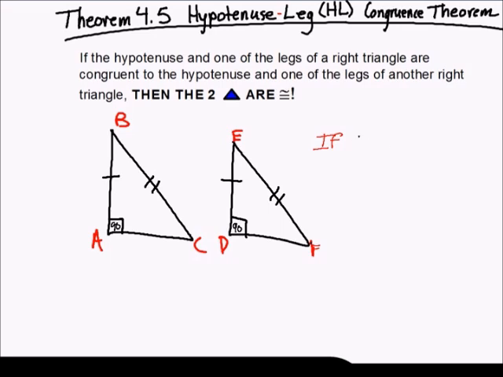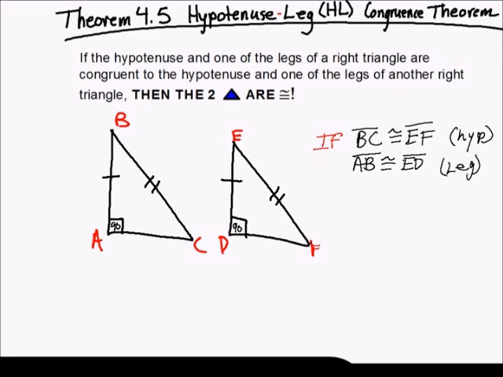Well, let's go with the hypotenuse first. So if side BC is congruent to side EF, so hypotenuse to hypotenuse, let's say these are the hypotenuse, and AB is congruent to ED, and that's one of the legs.